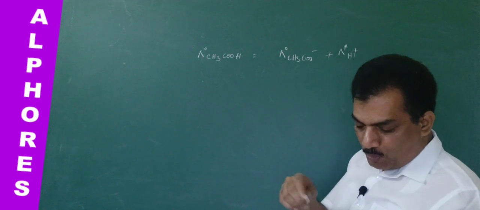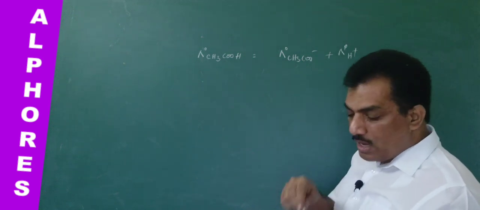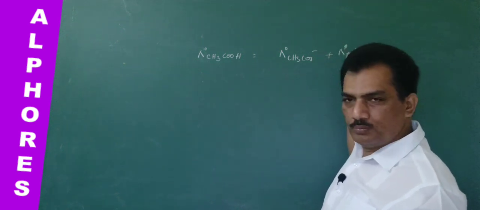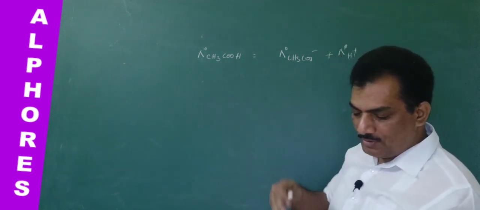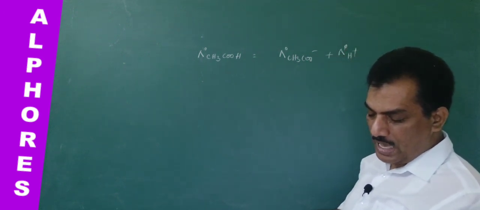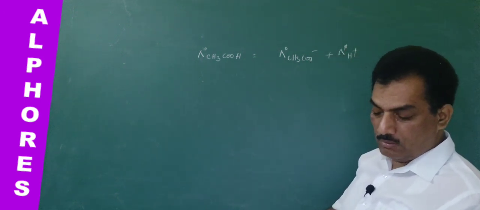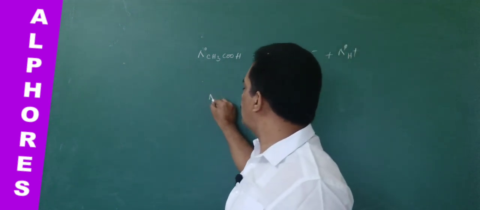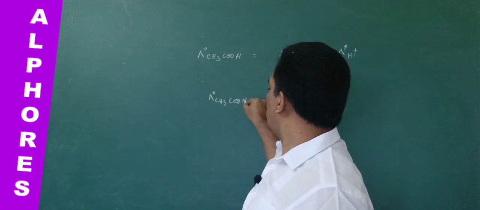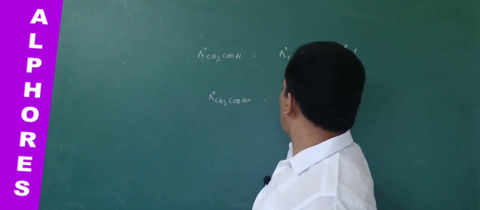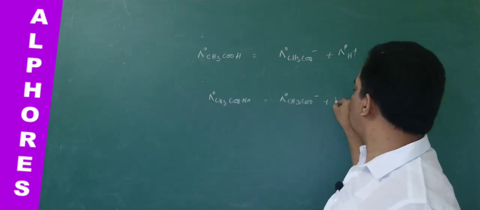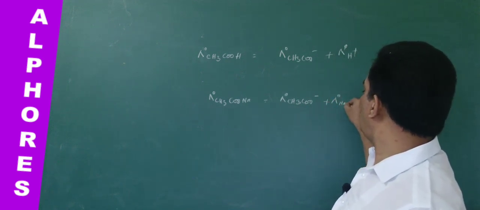Now from the provided data, we have to consider what is required to get these two. Of the given data, one electrolyte having the acetate ion is sodium acetate. So first let us consider the sodium acetate conductance: lambda naught CH3COO minus plus lambda naught Na plus.